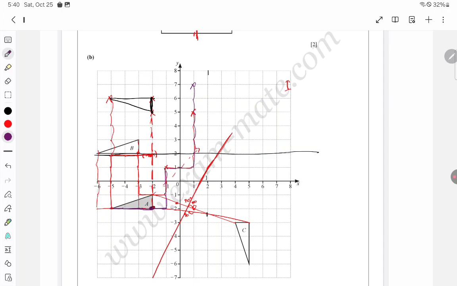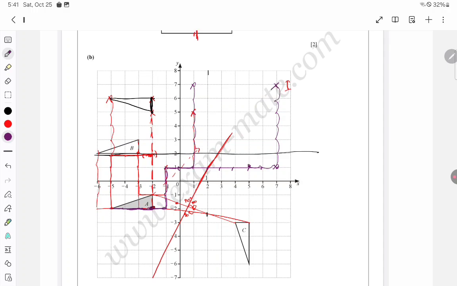For the 8, 6: 1, 2, 3, 4, 5, 6, 7, 8, and 6 right here.